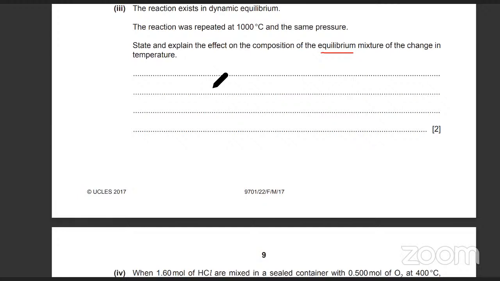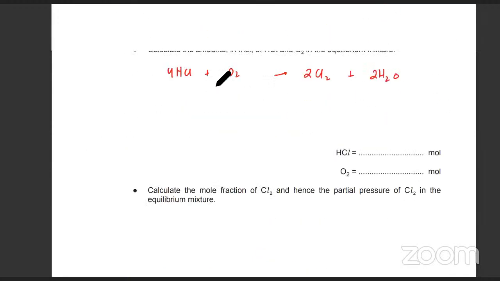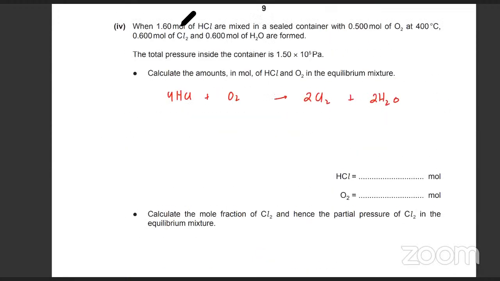So then you've got the next question. He's saying 1.6 moles of HCl are mixed in a sealed container with 0.5 moles of O2. So you've got 1.6 and 0.5.